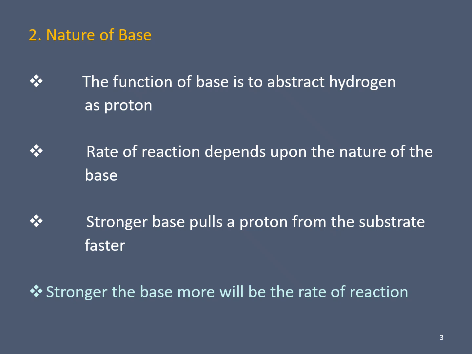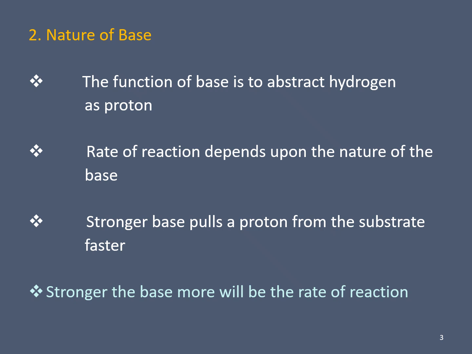That means if the base is strong, then the base has the power to abstract hydrogen from the alkyl halide very easily when compared to a weak base. So a weak base will react with the hydrogen present in the alkyl halide very weakly.